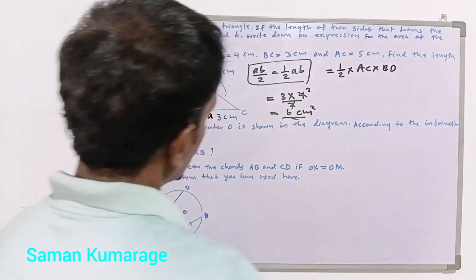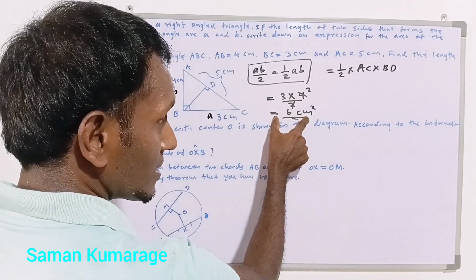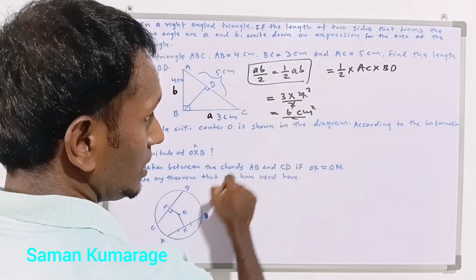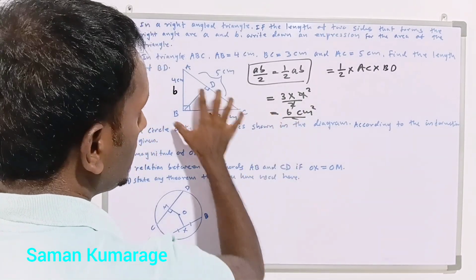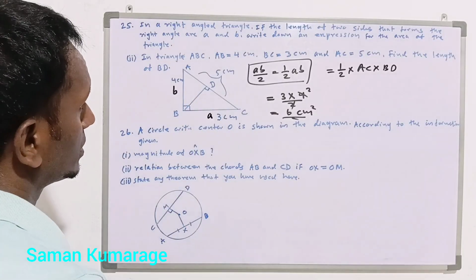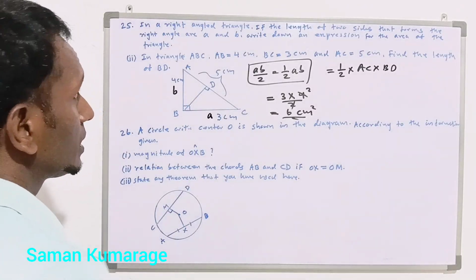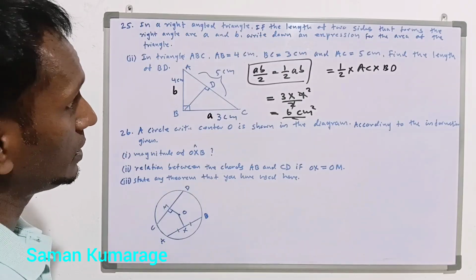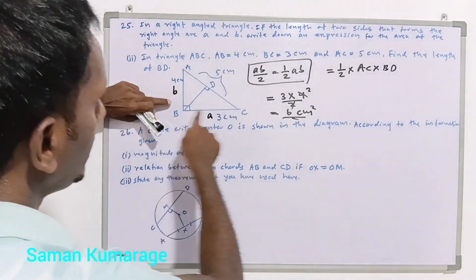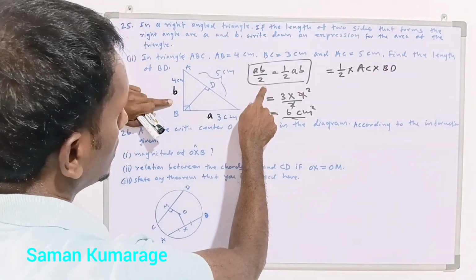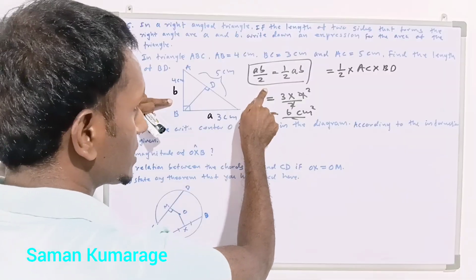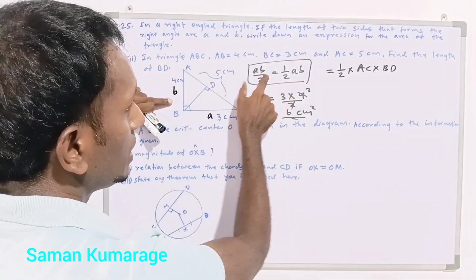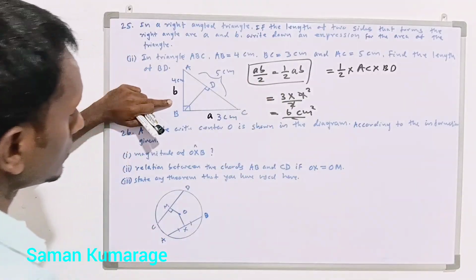Now this 6 square centimeters, which is the area of this right angle triangle, can be obtained in two different methods. The first method is using AB divided by 2.